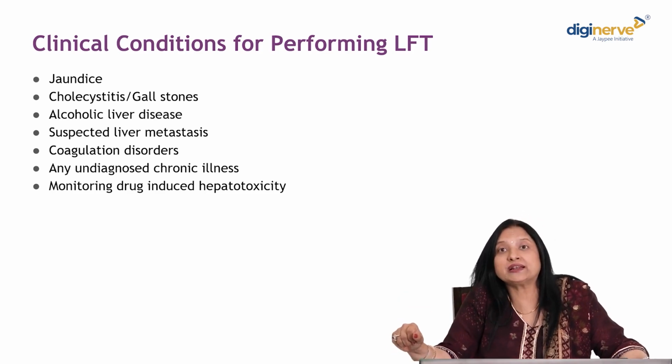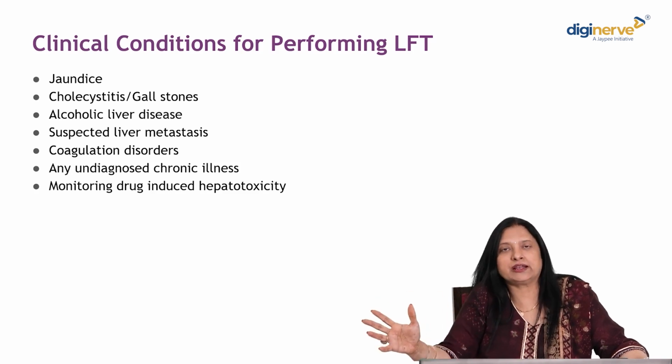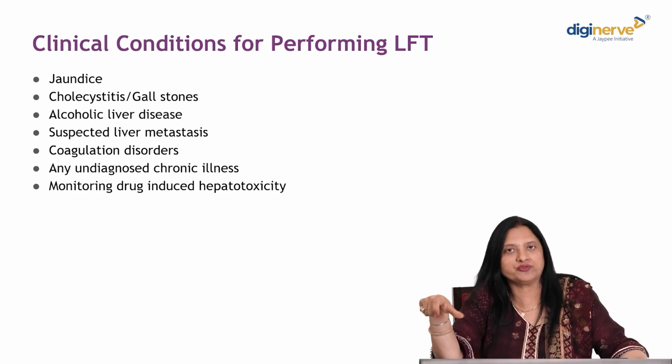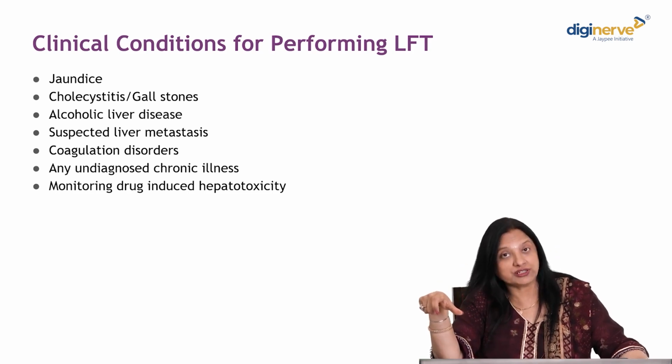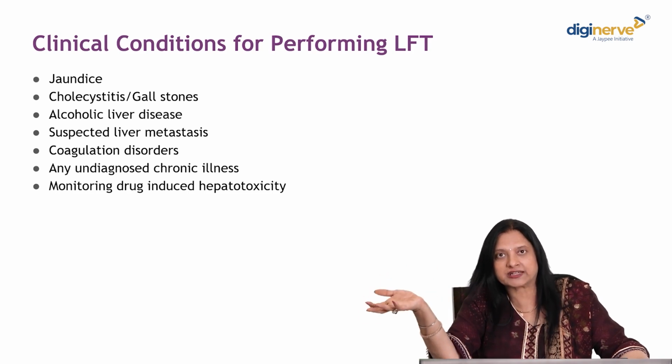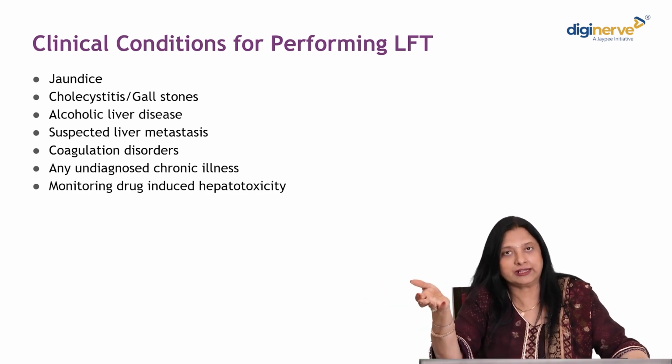Then suspected liver metastasis. There are so many malignancies in various organs of the body in which metastasis occurs in the liver and deranges the liver function. Then coagulation disorders. Why? Because all the coagulation factors are synthesized in the liver.